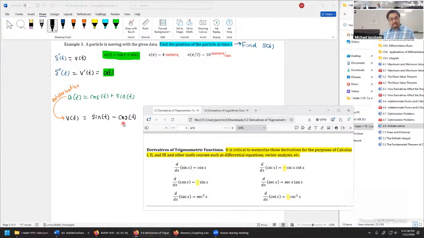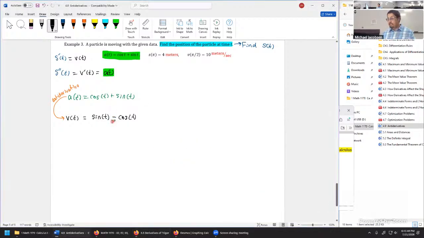The reason for negative cosine t is if you differentiate cosine, you get negative sine t. So throw in an extra negative for double negation so that we can end up at positive sine t. Then throw in our constant of integration plus c, and we have infinitely many different velocity functions, but it's a start. We're going to find the one and only velocity that at time pi/2 seconds is 10 meters per second.